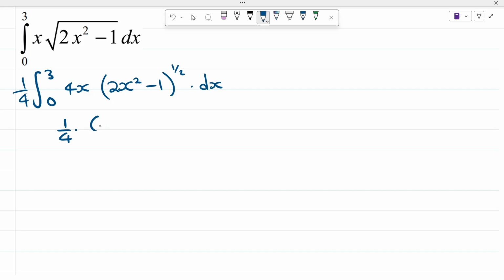Then I apply my general power rule, which is just going to be 2x squared minus 1. I add 1 to the half there, I get what? 3 over 2. Then I divide this by 3 over 2. I put my limits, from 0 to 3.